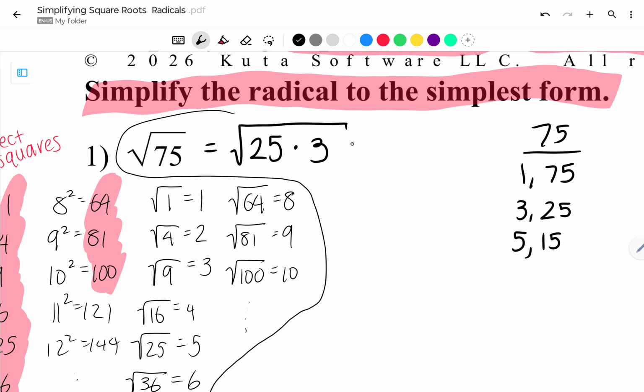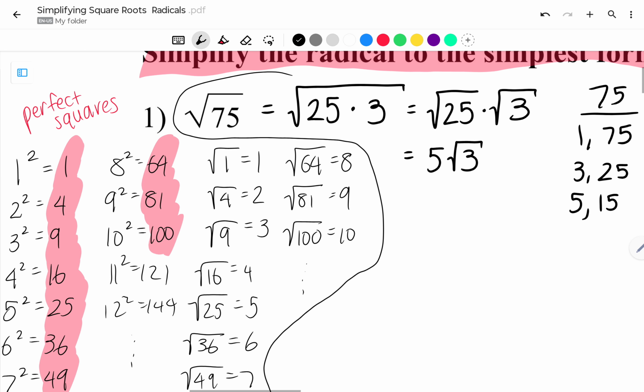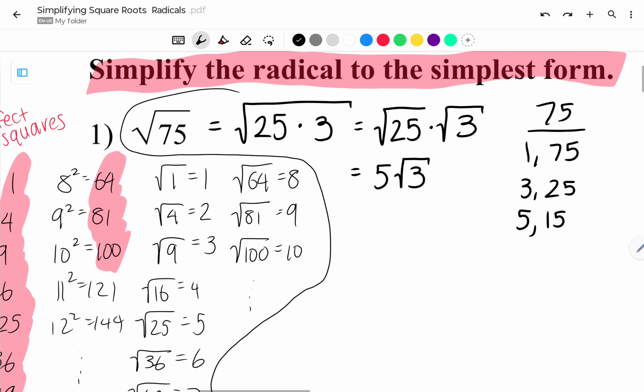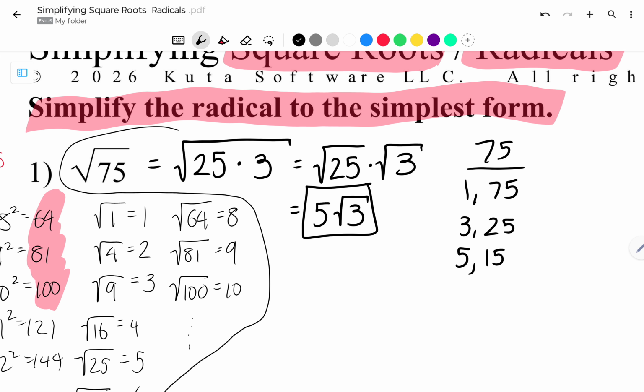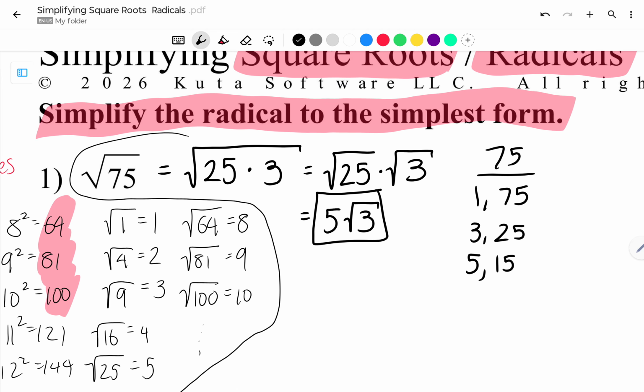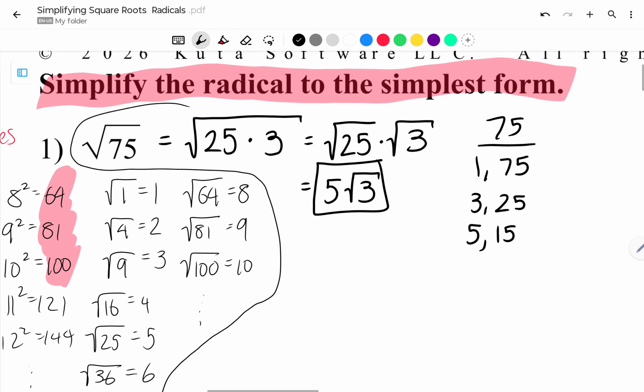Then you can split up your square roots like that, and the square root of 25 turns into 5. So that's going to be 5 square root of 3, and that's it. That's how you simplify this to the simplest form. So that's one way to do this problem.